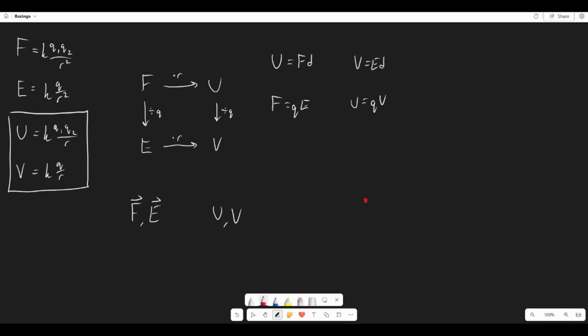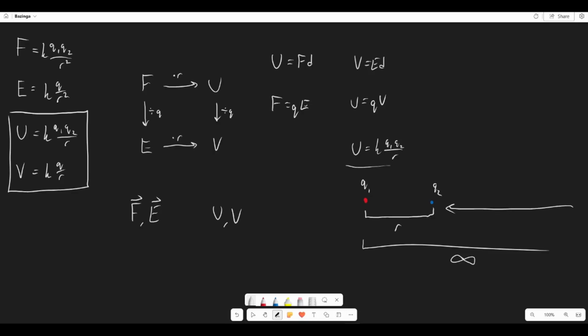When I have two particles, Q1 and Q2, separated by a distance r, I can calculate the potential energy using my formula U equals K Q1 Q2 by R. But if we want to be even more clear about what this statement is really saying, it is saying that if my particle Q2 happens to be a distance infinity away from Q1, and I then brought it from infinity to this distance r away from Q1, the work, or the amount of energy necessary to make that happen, is given by this equation.